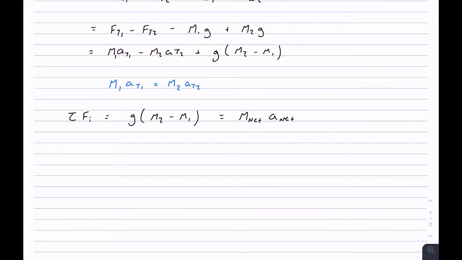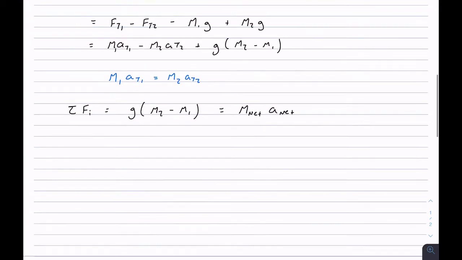One good thing is we actually know the values of the mass, so we can actually talk about what that value is going to be. So here, let's just do this. We're going to have G times (m2 minus m1) over, right, I'm just taking this to the other side here, okay? So this is m net, which is going to be m2 plus m1.